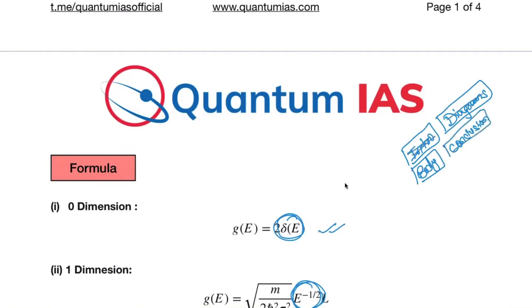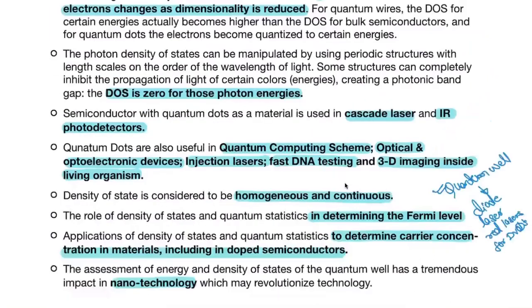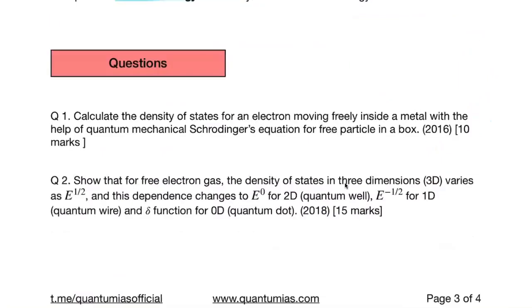So intro we have done, diagrams we have seen also, conclusion we have seen. Now for the body part, the derivation is the main thing in these types of questions, we will see that. But before that, let's have a look at previous year questions, that will serve as our guideline.